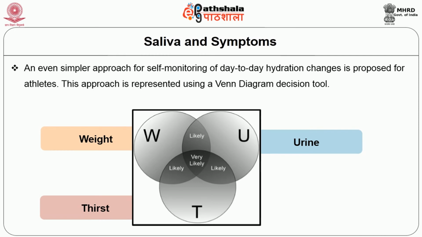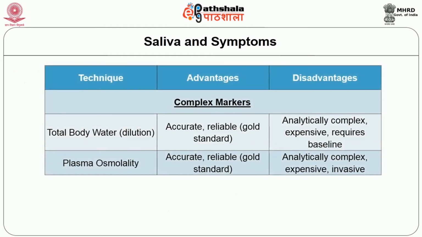No marker by itself provides enough evidence of dehydration, but the combination of any two simple self-assessment markers means dehydration is likely. This table gives you in a nutshell the techniques and their advantages and disadvantages.